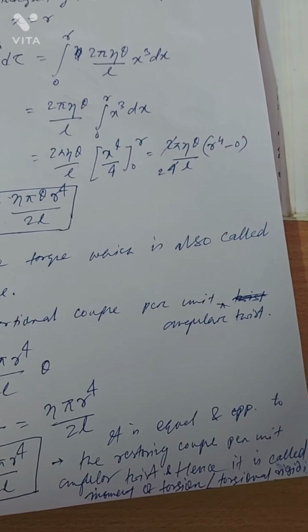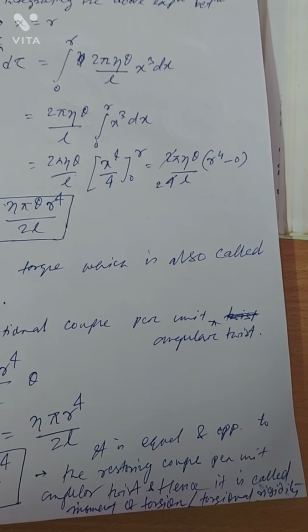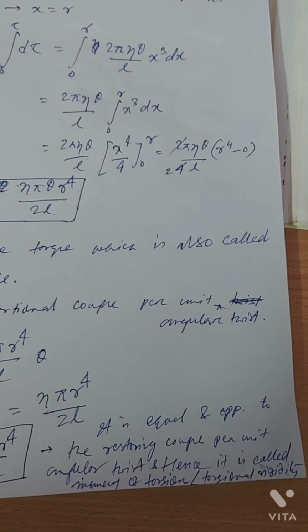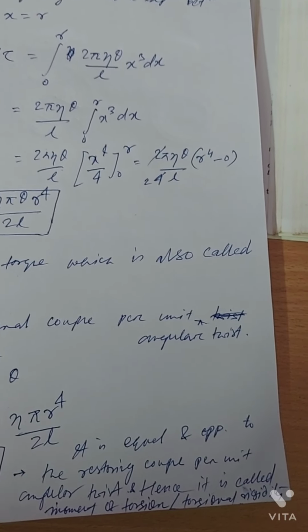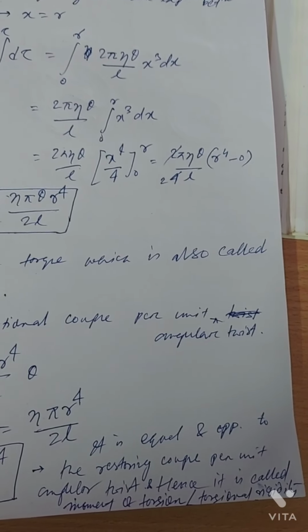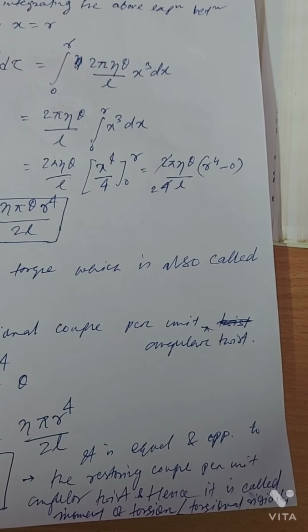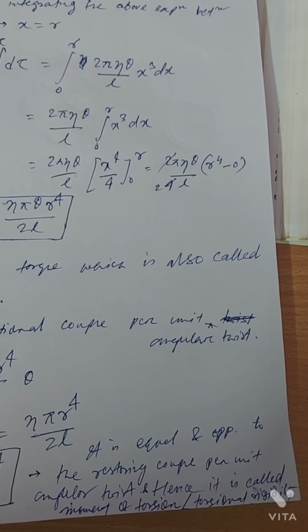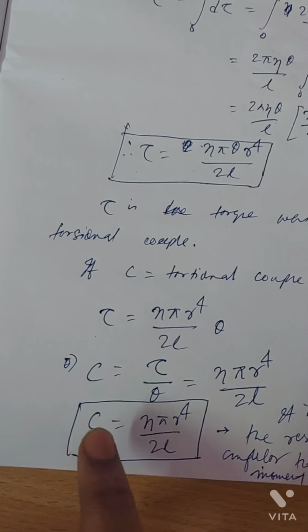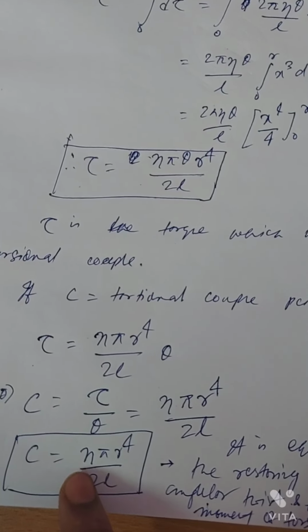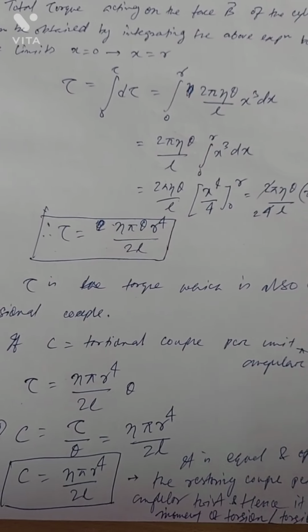When we define a modulus of elasticity, we always define it in terms of the resisting force. So here the restoring couple, which wants to restore the cylinder into its original position, is equal to the applied couple, and hence this C is also known as the torsional rigidity or moment of torsion. I think this is clear now.